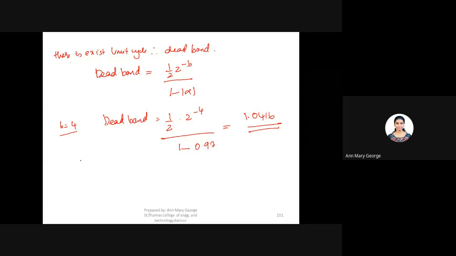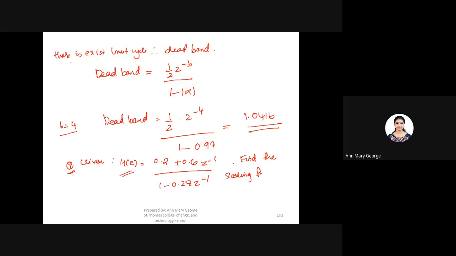Okay, before that, write a question. Given h of z equal to 0.2 plus 0.6 z raised to minus 1 by 1 minus 0.28 z raised to minus 1, the transfer function of a digital filter, you have to find the scaling factor S0 at input to avoid overflow in the adder.